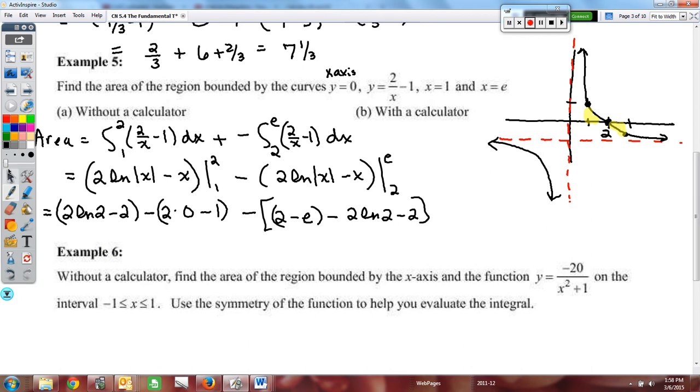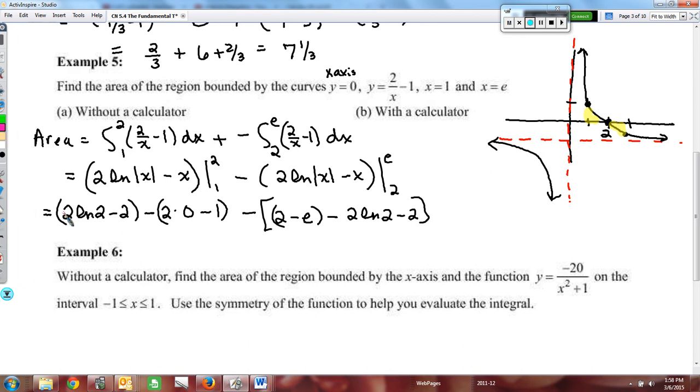And then I combine like terms, and the nice thing about this is, notice we've got 2 natural log of 2 here, and then coming along down here I have a 2 natural log of 2 there, and I'm going to distribute the negative through, so I end up with 4 natural log of 2. Then I'm going to have minus 2 minus 2. This is minus 4, or sorry, this is gone. Minus 2 plus 1, so that's minus 1.